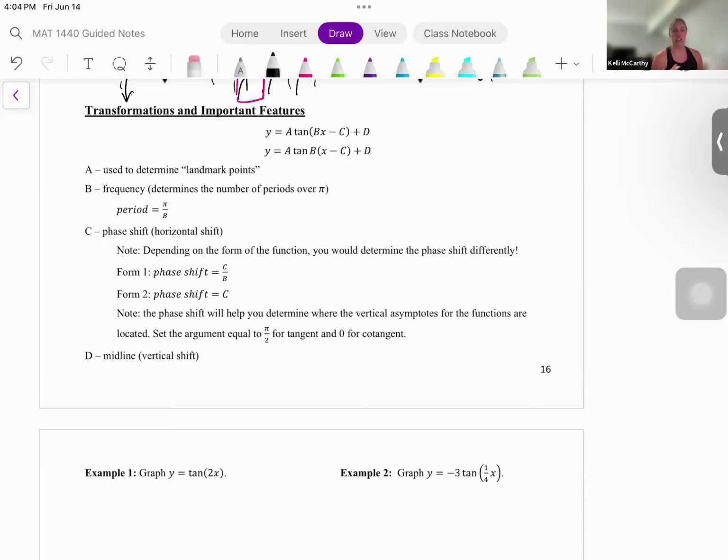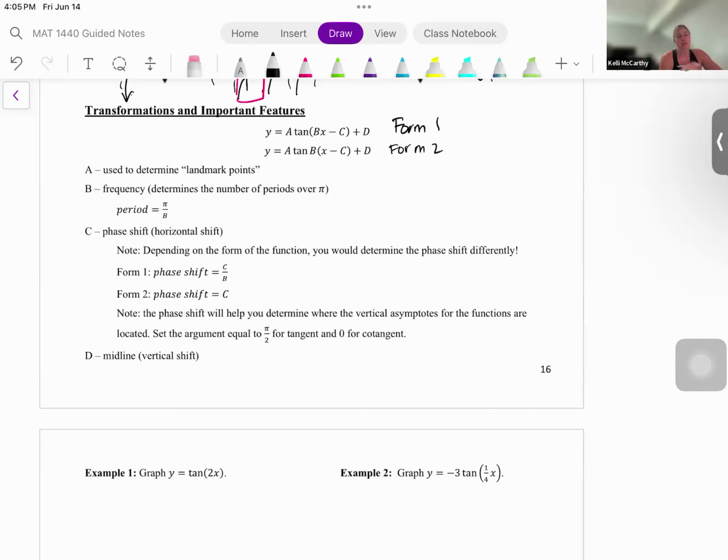Because tangent and cotangent have the same period, we can switch out the forms here for cotangent without any other changes. Again, we've got form 1 and form 2, which are really going to mainly impact what that value of C represents.